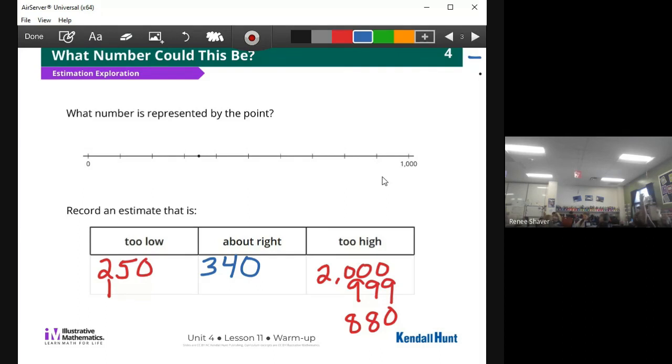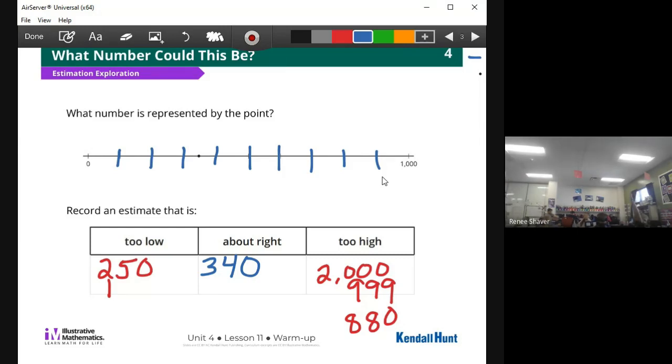Very good. So they didn't label the tick mark. We had to figure out, okay, what could they be counting by? What could our scale be so that it is evenly partitioned?